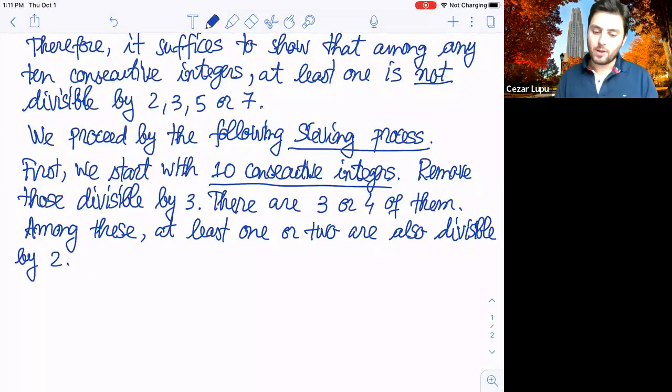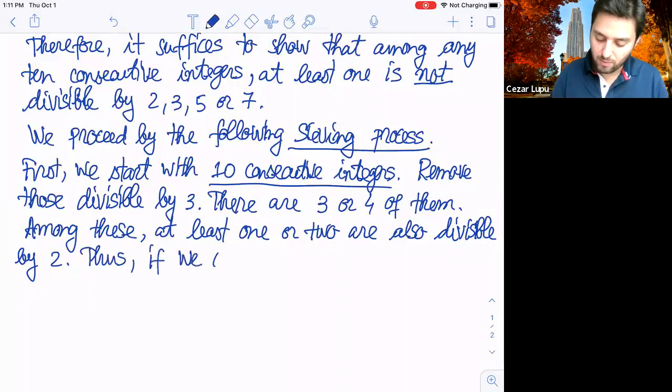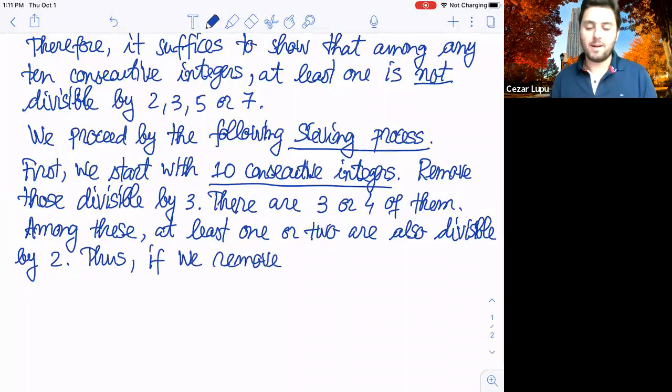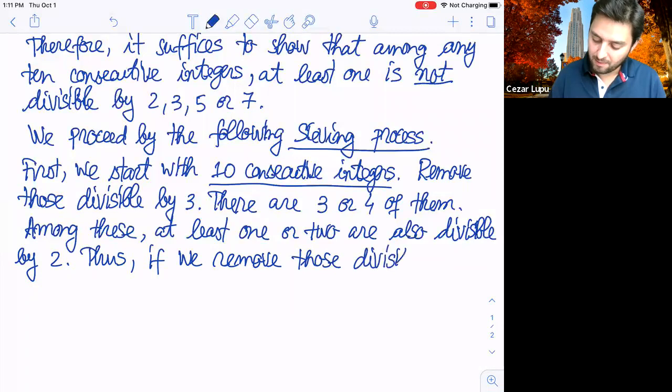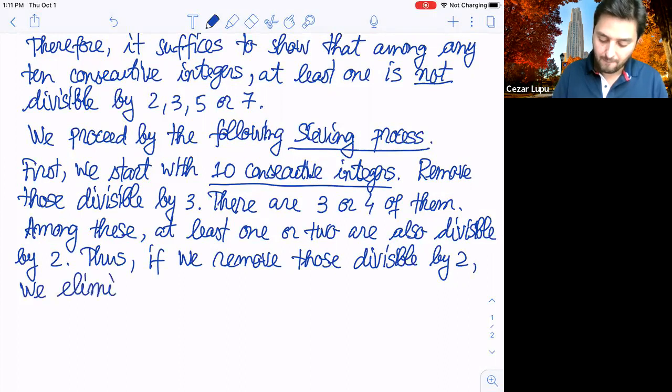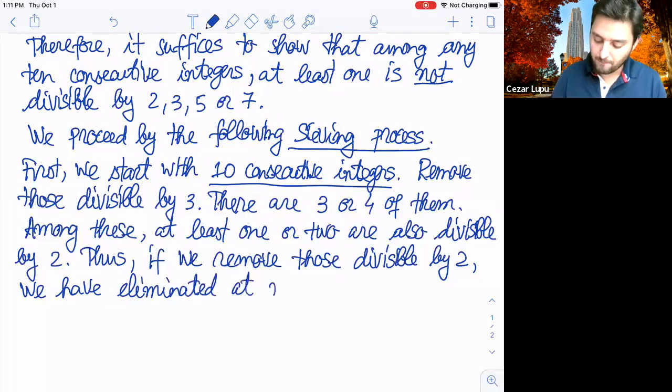So thus, if we also remove those divisible by 2, we have eliminated at most 7 integers.